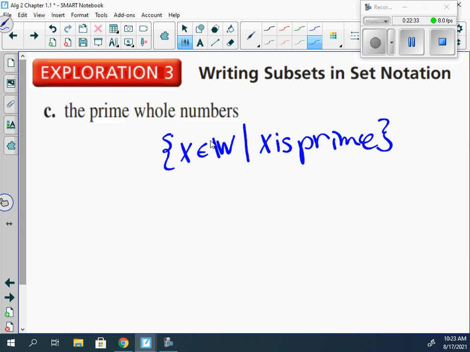Let's see. Yeah, so they didn't do whole numbers. They said x such that x is prime and x is a whole number. The reason we can't use any other notation or any way to describe it is because we technically haven't described or found all the prime numbers.